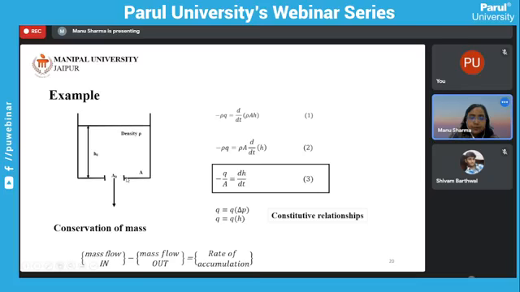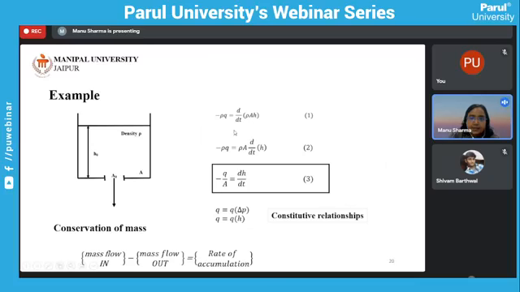How much fluid is present in the tank? So the right hand side will be rho into A into H. That means density multiplied by volume will give you mass, and dividing it by time, rate of accumulation will be obtained.